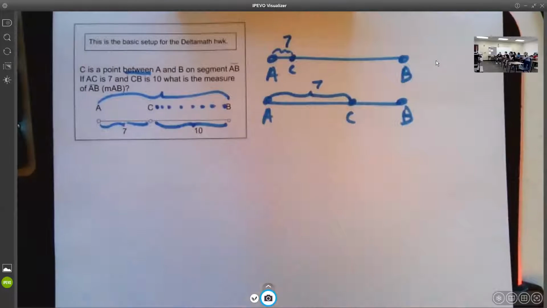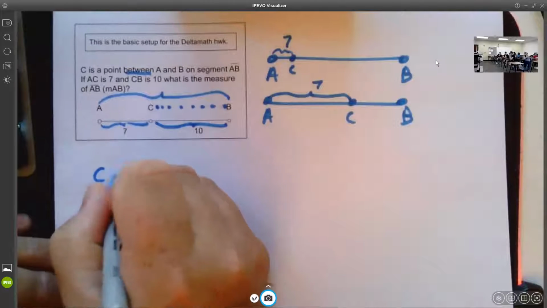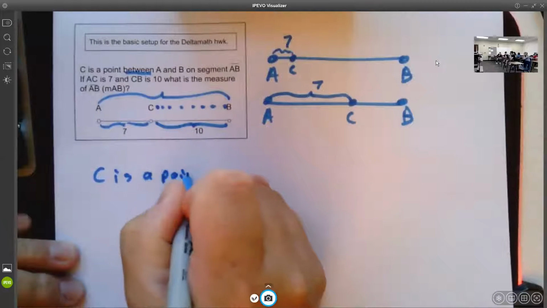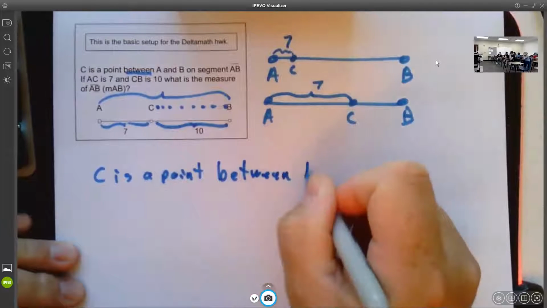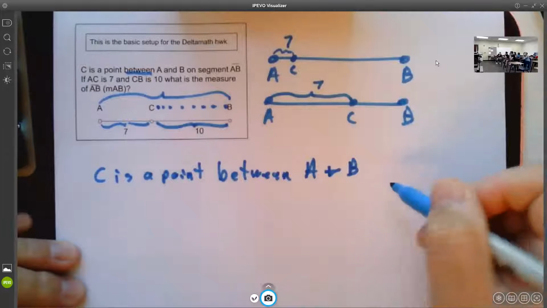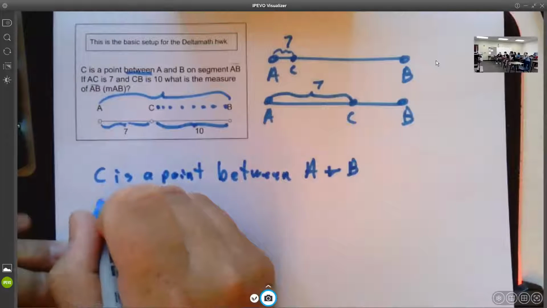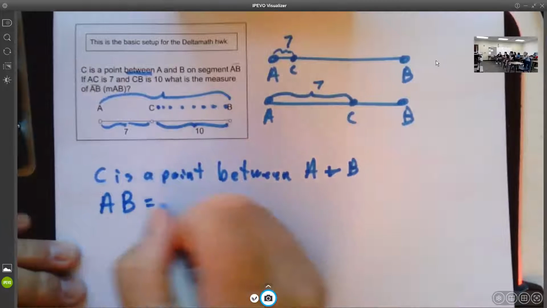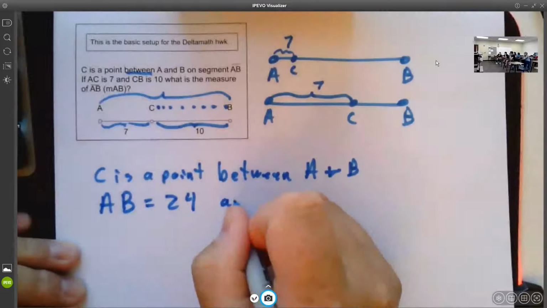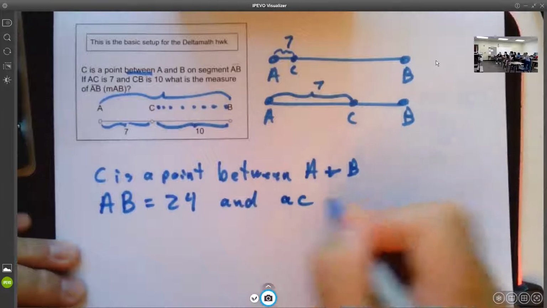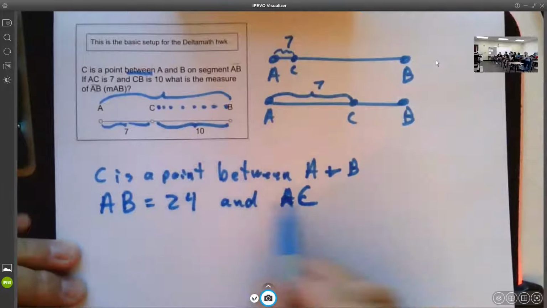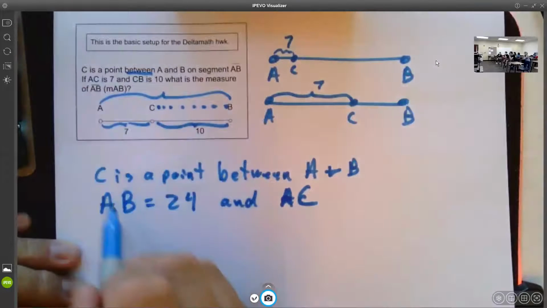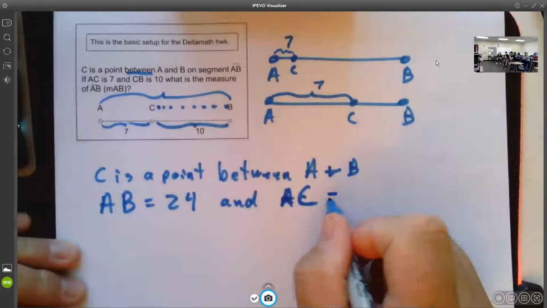Now let's do something a little more challenging. What if C is a point between A and B, and let's say AB is 24 and AC, oh, by the way, you'll notice I changed my lowercase to uppercase, because when we're putting things on a graph, we need to use uppercase letters.